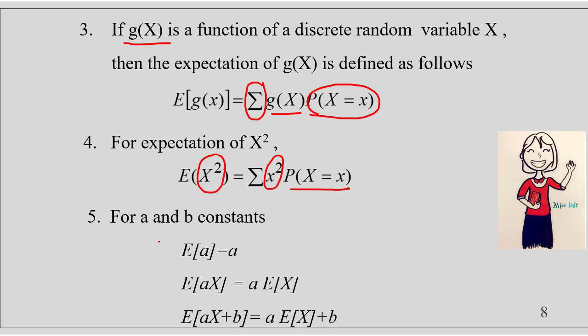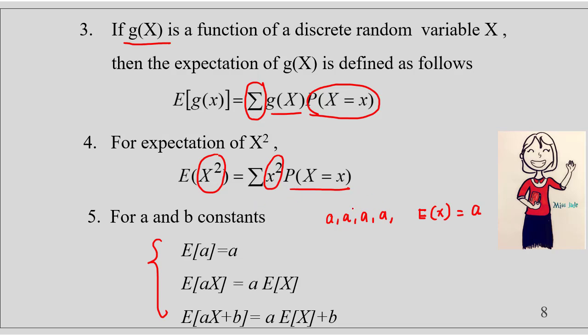After that, you have other properties. What does it mean by E(a) equals a? If all the data have the value a, what is the mean? The mean is also a, because every single data is the same.